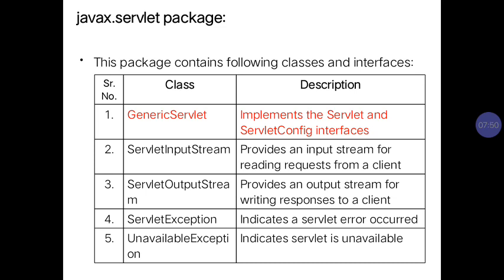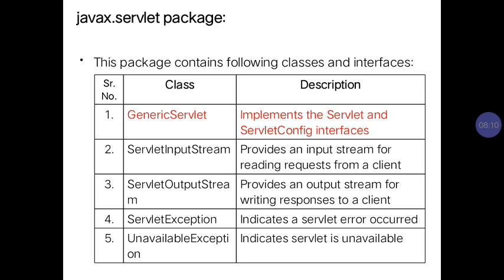Now we are going to see the classes from this javax.servlet package. The first class is GenericServlet, which implements the Servlet and ServletConfig interfaces. ServletInputStream provides an input stream for reading requests from a client.